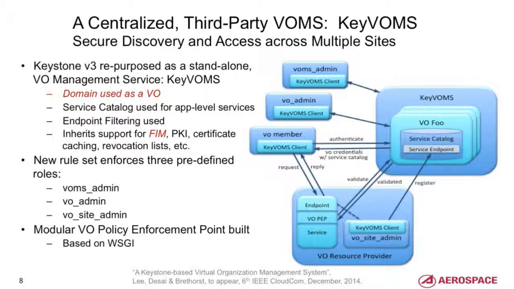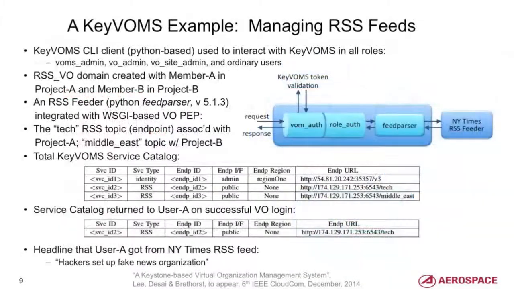Okay, and we implemented a simple example of using KeyVOMS to manage RSS feeds. In this situation, we have a simple command line client that we built that allows these different roles to participate. And so we defined a simple VO that had several RSS feeds registered in the service catalog.